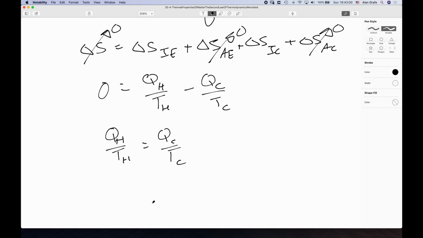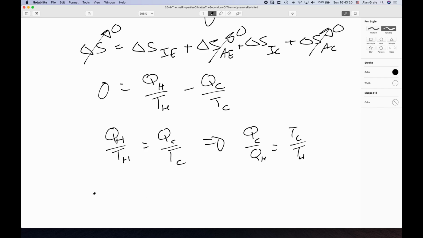Now, we can think about the efficiency here for a moment. Let me rearrange this. Maybe more useful will be to say that Q cold over Q hot will equal T cold over T hot.